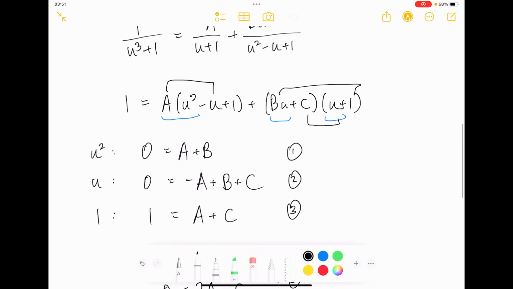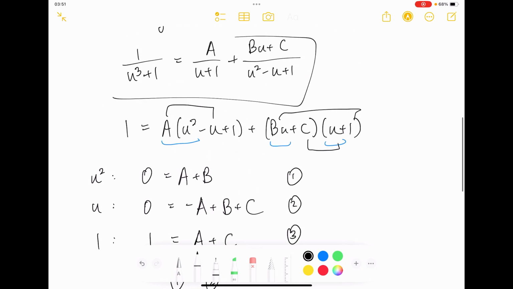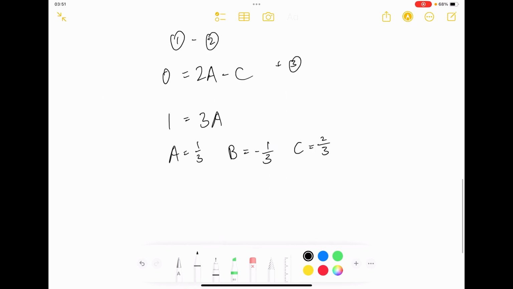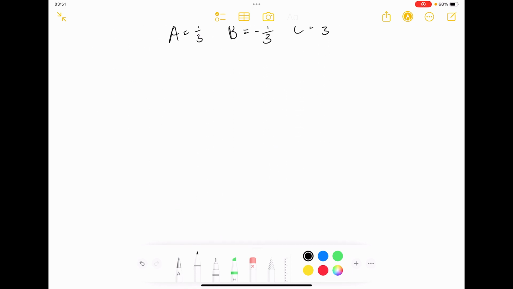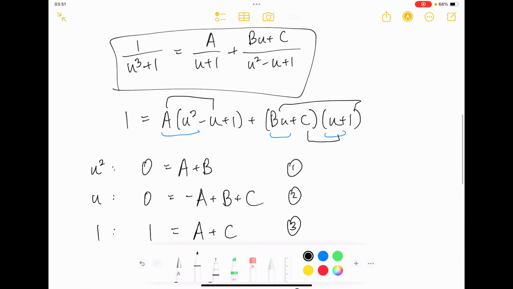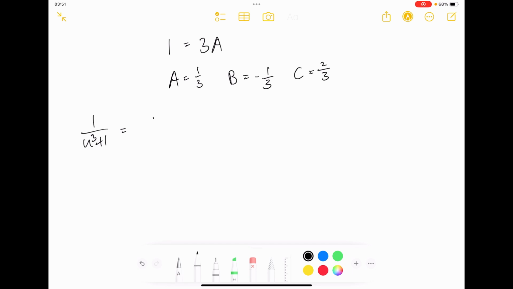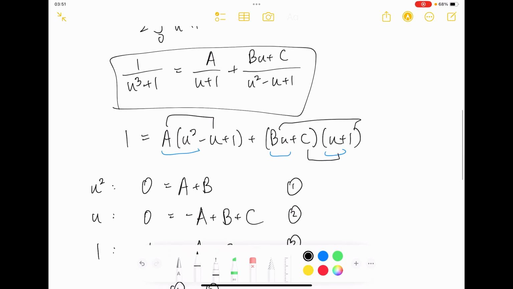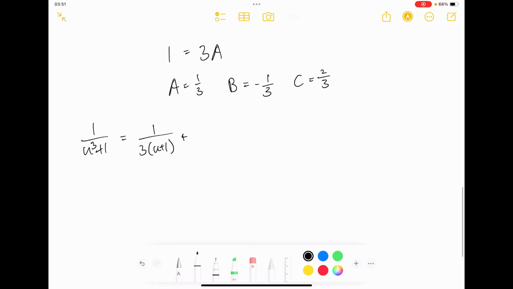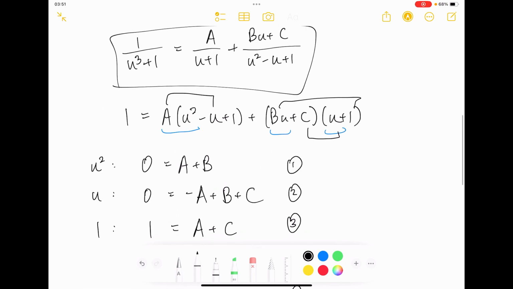So we're just going to put them back in here, and A, B, and C all have a common factor of a third. So basically, we can write 1 over u cubed plus 1 equals, what was it? A over u plus 1, so that's a third over u plus 1, plus, I'm going to pull out a third as well.